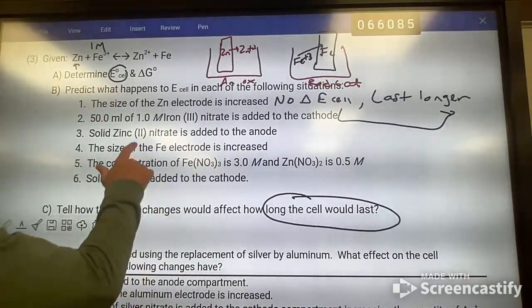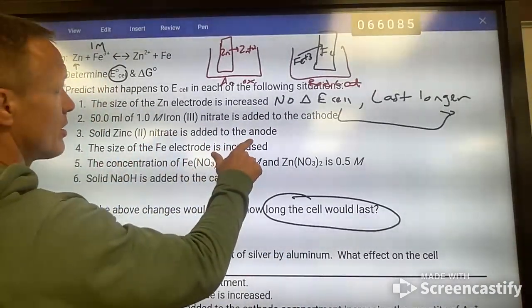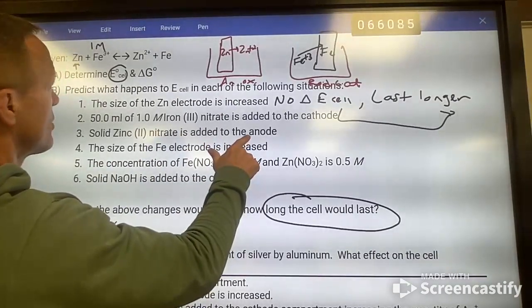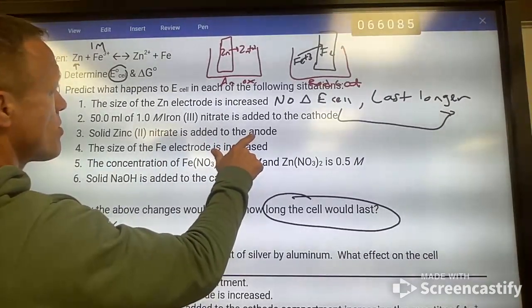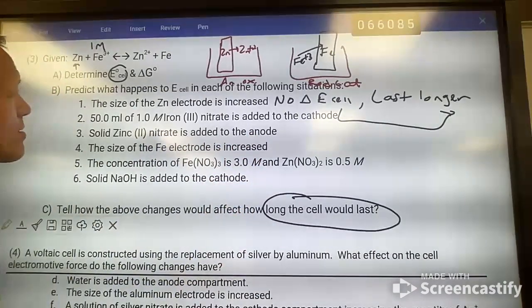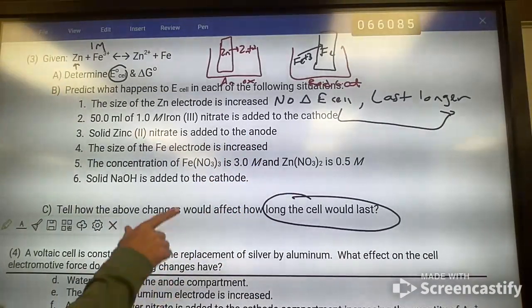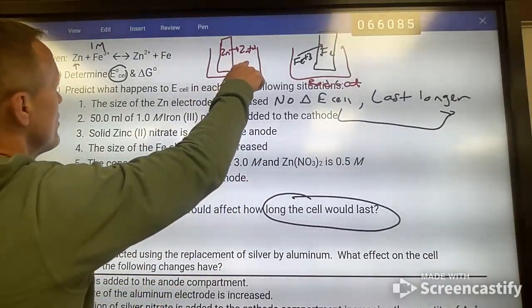Third one, solid zinc nitrate is added to the anode. So they're adding zinc ions in the anode.